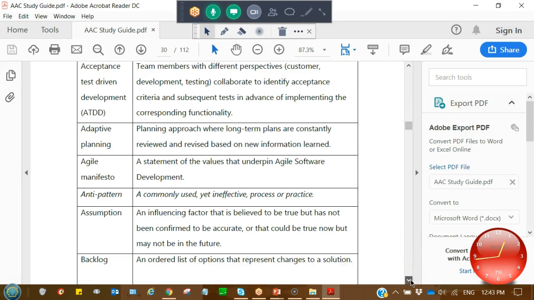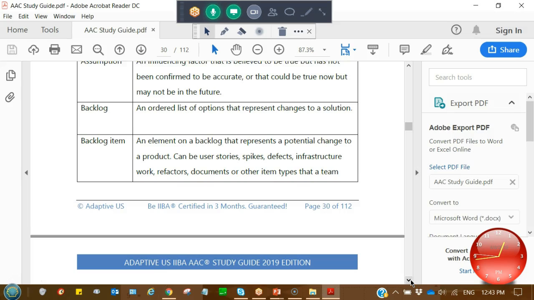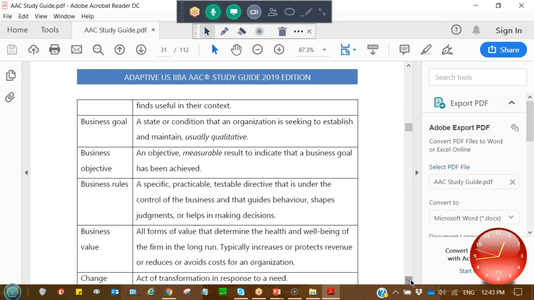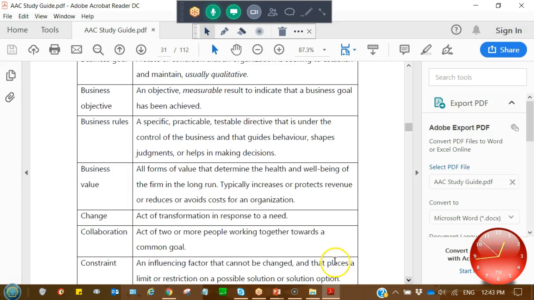There's the six concepts, and those we need to know. Simple statements. Change. A change is an act of transformation in response to a need. So you can see that already we've started to build a communication between two of the concepts.